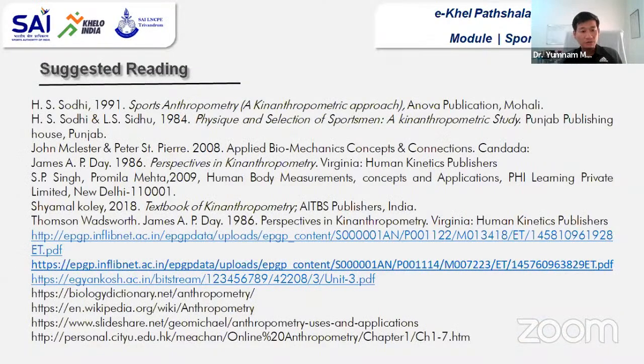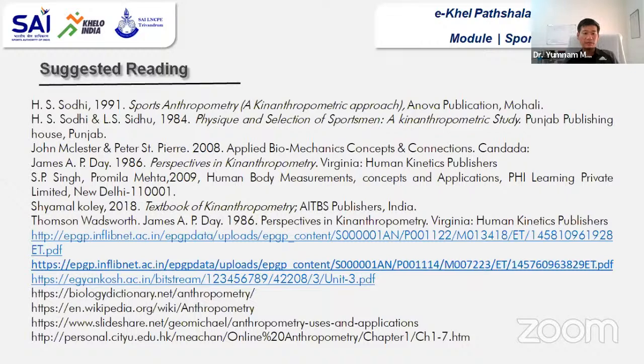Okay, these are some of the books which I have consulted during this session. If you want to know more, you can go through these books, like Sport Anthropometry 1991 by SS Sodhi, Physique and Selection of Sportsmen: A Kinanthropometric Study, Applied Biomechanics: Concept and Connection, and Perspectives in Kinanthropometry by James Day.